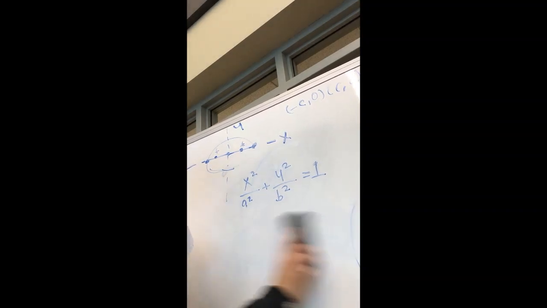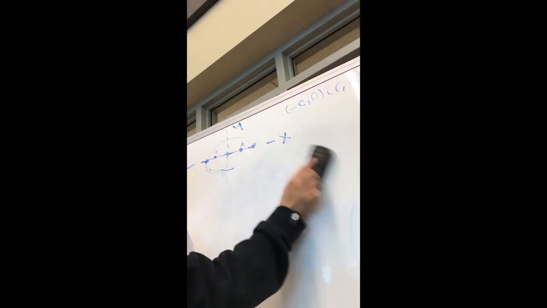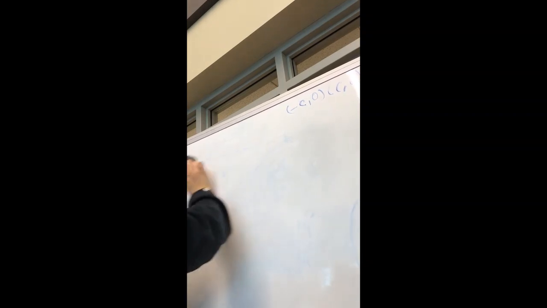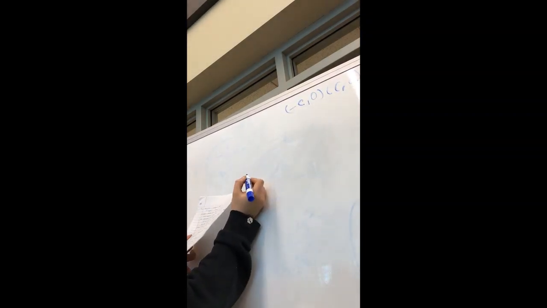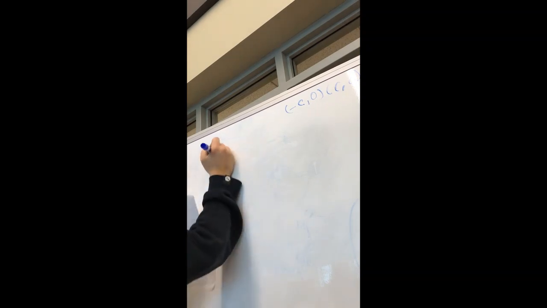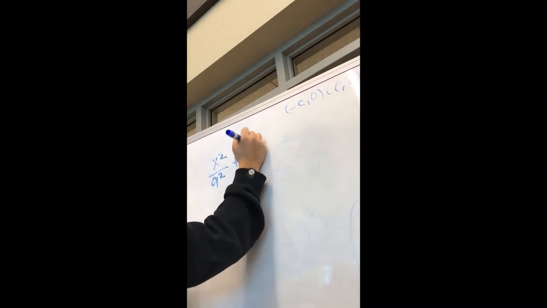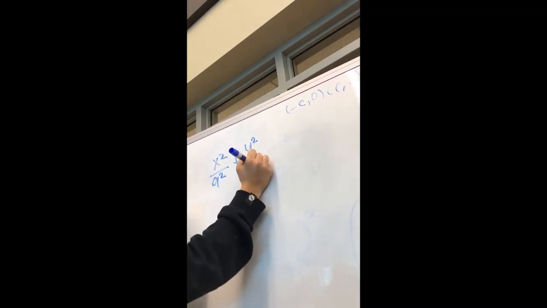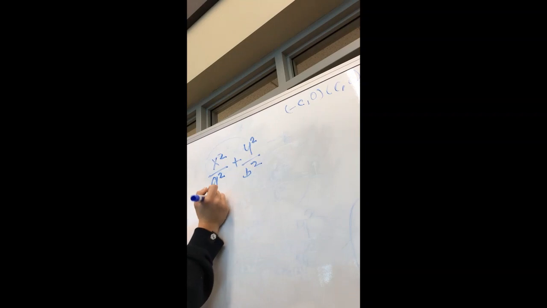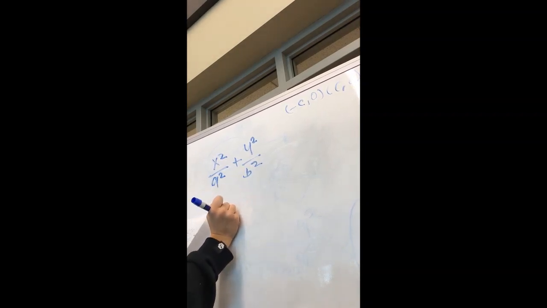Now, to get more in-depth into that, let me erase all this. So, when we use this equation, x squared over a squared plus y squared over b squared, a is greater than b.